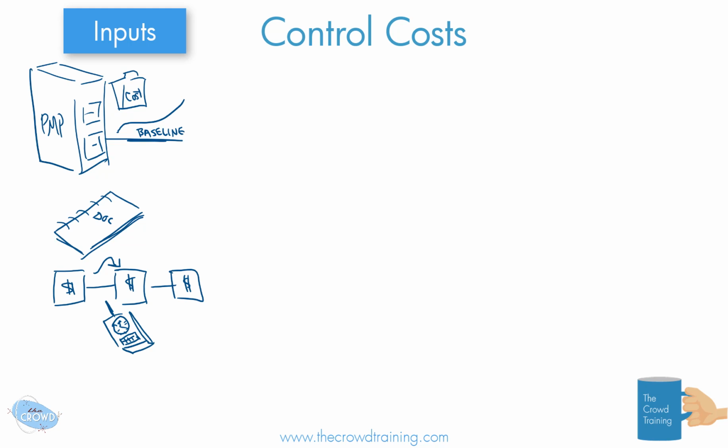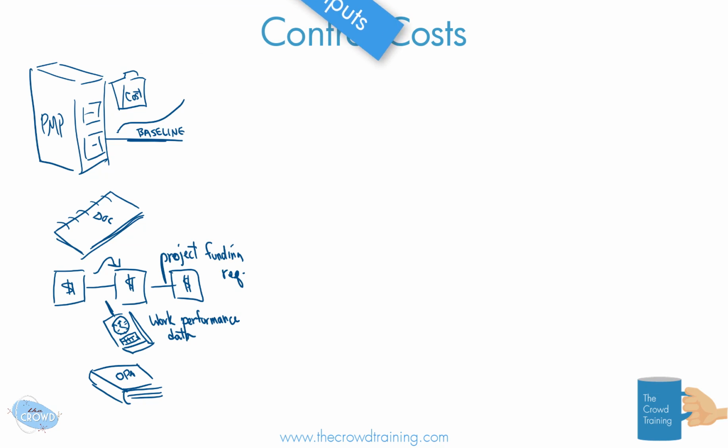I don't know what it actually is going to monitor, but just to give an illustration for things that represent the work performance of our project, and that data that is coming in however we want to have it captured. And then we always have our templates and our tools that are going to be useful for us, and that is our organizational process assets.